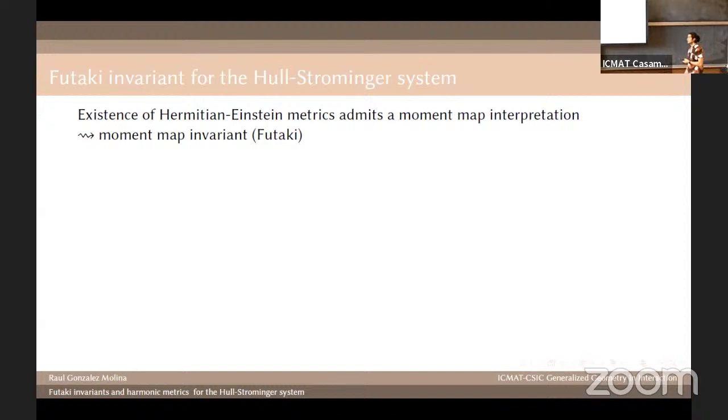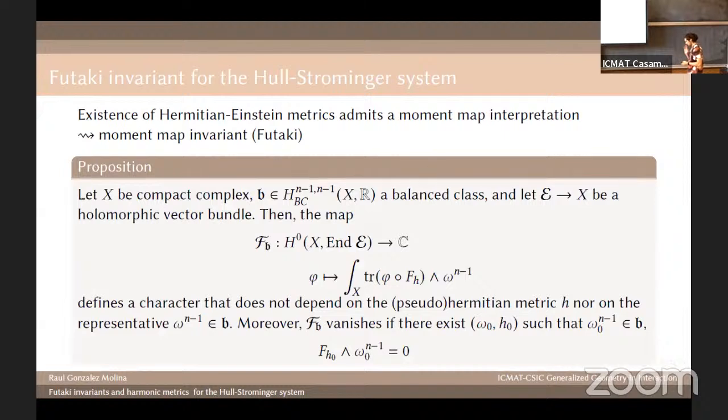To explain what it is, let me begin with a very classical situation. For a moment, forget about the geometry that I have talked about and just consider a compact complex manifold, a balanced class, and a holomorphic vector bundle, whichever it is.